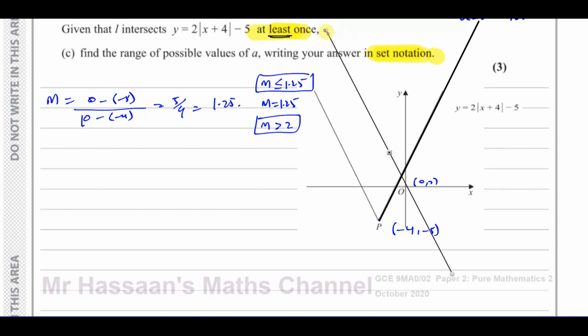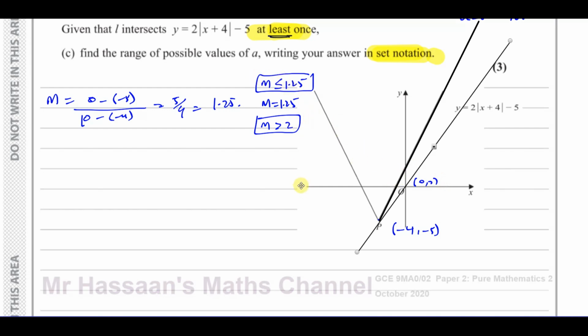So it can go all the way around. But where it will stop is at the point where this becomes like that. That's where it stops intersecting. When the gradient becomes more than 1.25, they stop.